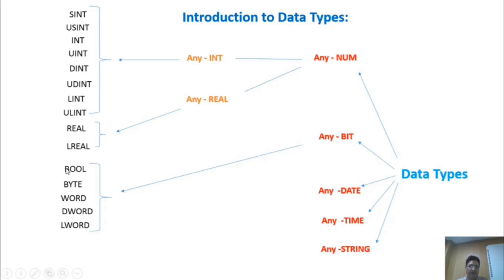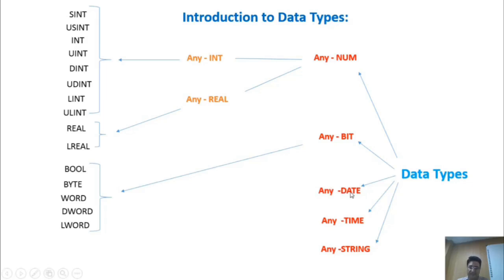Well, you know that Boolean is either 0 or 1. A byte is actually 8 bits, a word is 16 bits, a double word is 32 bits, and a long word is 64 bits. So, if we want to do something in PLC programming that requires using logical data types, we have to use one of these data types.